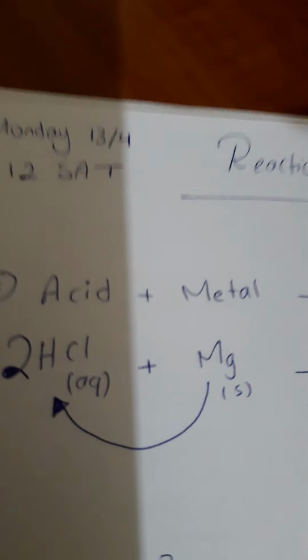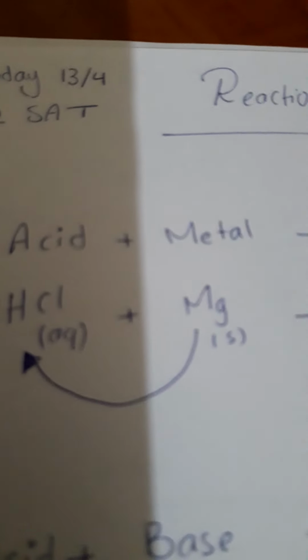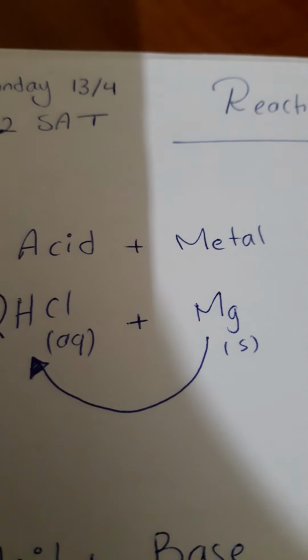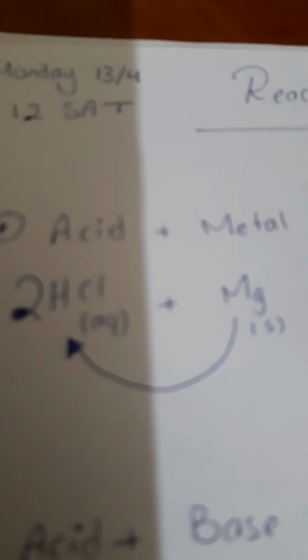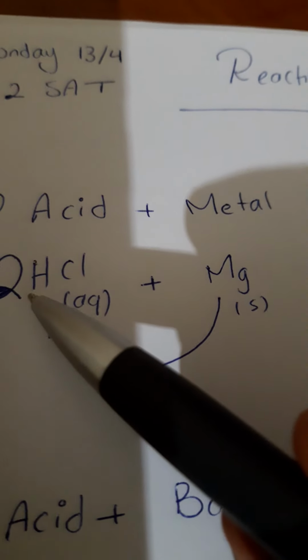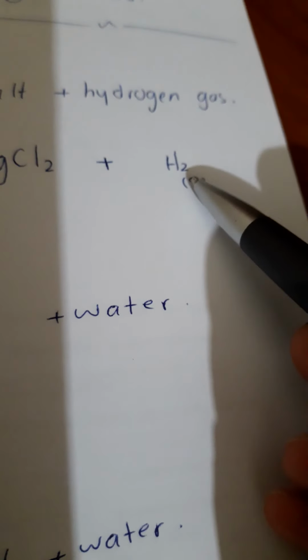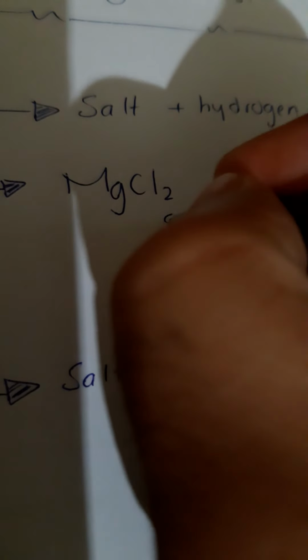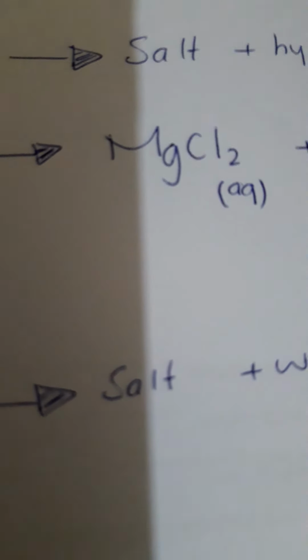So again, when an acid reacts with a metal, the products are salt and hydrogen. A single displacement reaction, redox reaction, where magnesium, the more reactive metal, displaces hydrogen to give the products magnesium chloride aqueous plus hydrogen gas, so the equation is complete. Okay? This is the first reaction.